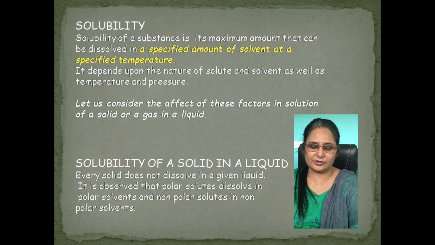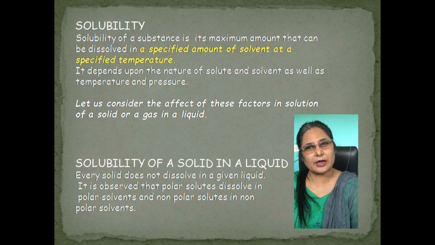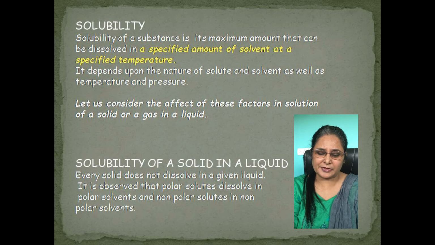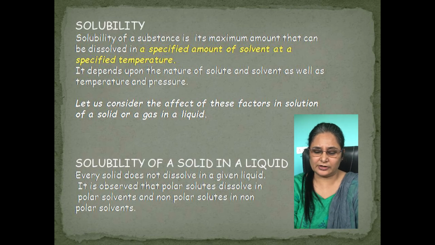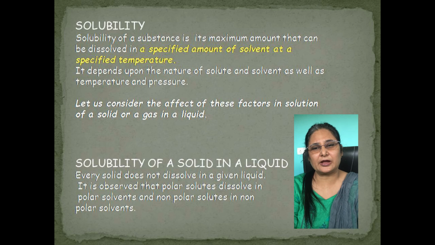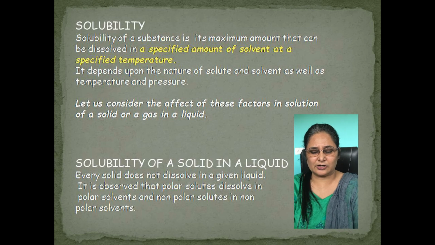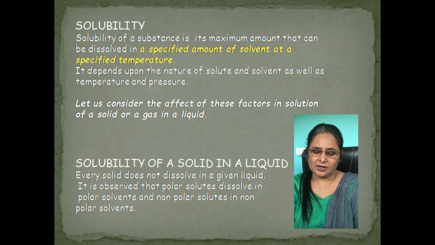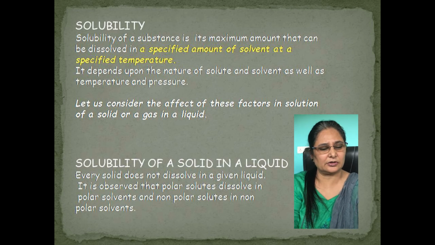Solubility of a substance is its maximum amount that can be dissolved in a specified amount of solvent at a specified temperature. It depends upon the nature of solute and solvent as well as temperature and pressure. Let us consider the effect of these factors in solution of a solid or a gas in a liquid.